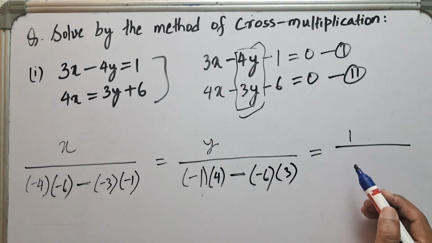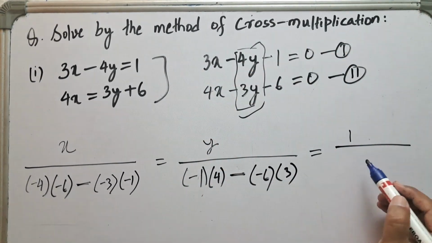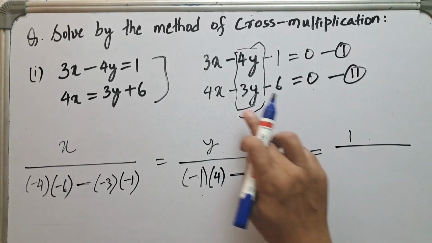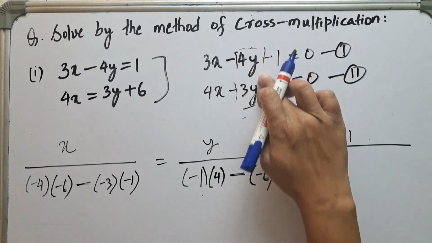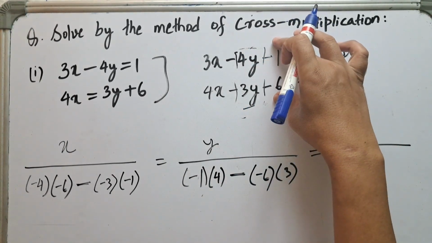Now we have to write the number in the denominator of 1, the constant number. To write this, we have to cover the constant number.